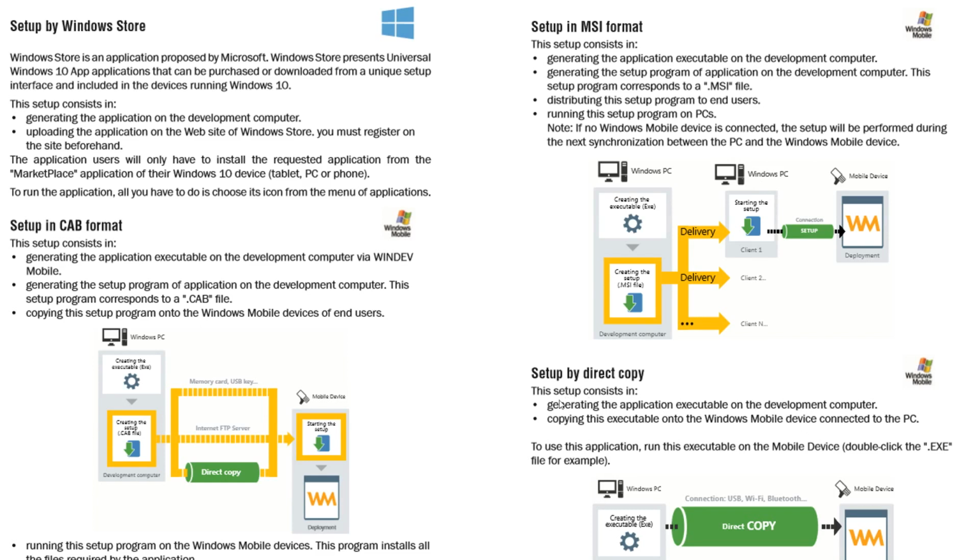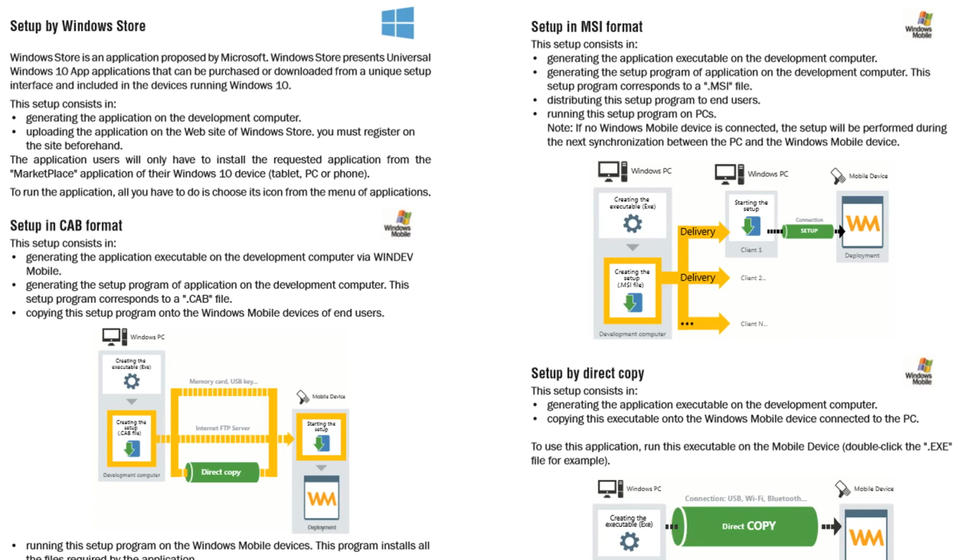Suppose you have generated your file, and you connect your mobile either by USB or Wi-Fi. So you can directly copy this executable into the Windows mobile. You can directly connect using USB, Wi-Fi or Bluetooth.